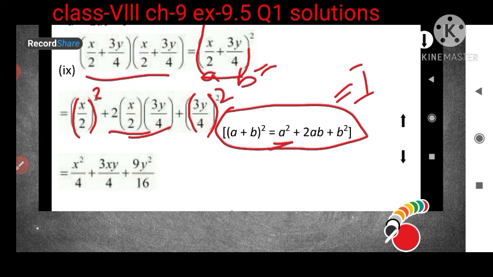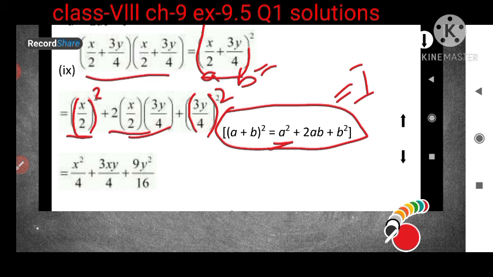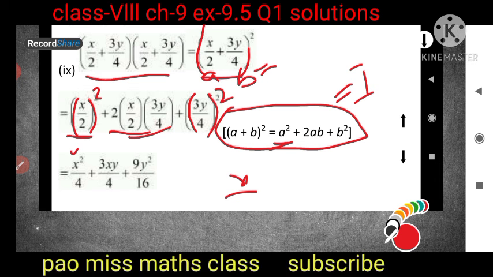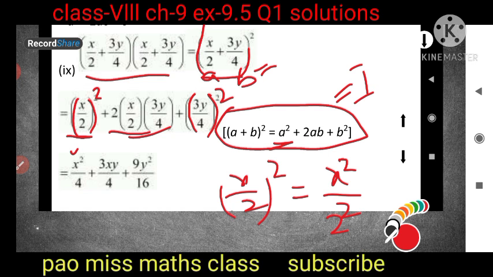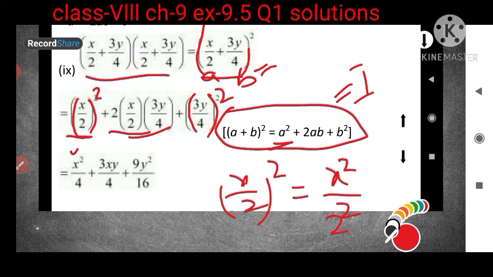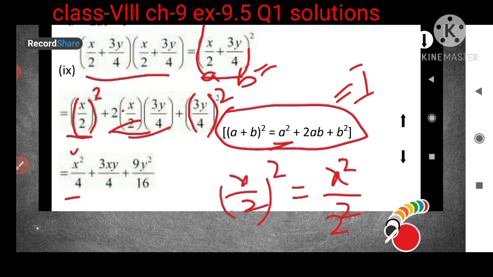Now if you break this bracket, x square is equal to x square. Now 2 square. x upon 2 whole square means this square is for x square also and for 2 square also. So x square upon 2 twos are 4. Now here you can see this 2 and this 2 will get cancelled, because denominator and numerator can be cancelled.